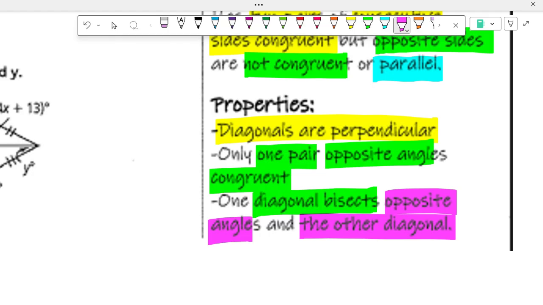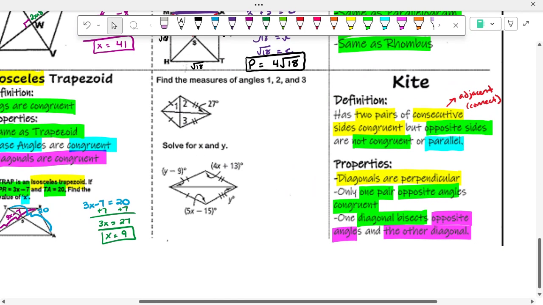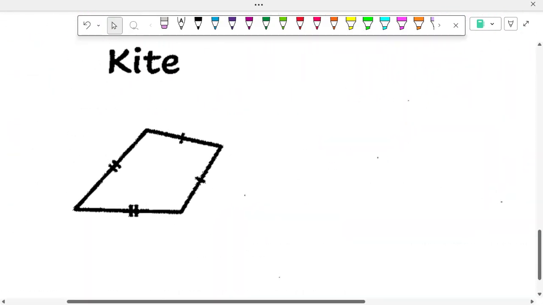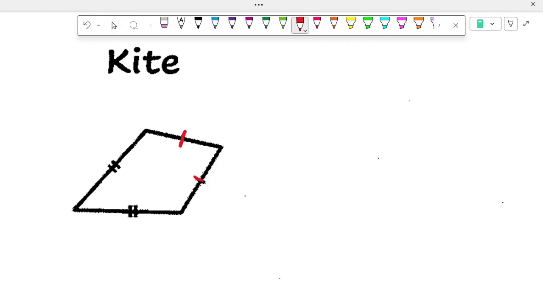It only cuts one of them in half and only bisects two of the angles. So let's look at our picture up top. With the kite, notice how these two sides are congruent and they're consecutive because they come together at the same point.